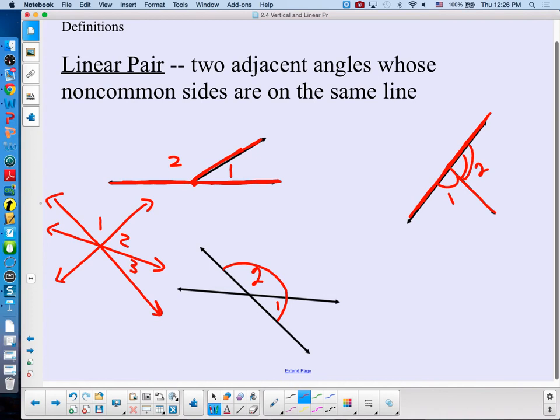Now, they do total 180 degrees, but it's 3 angles instead of 2. So there's no linear pair out of those. If you wanted to group together and make this angle and then put 2 and 3 together to make another angle, those green ones would be a linear pair, but not every one separately.